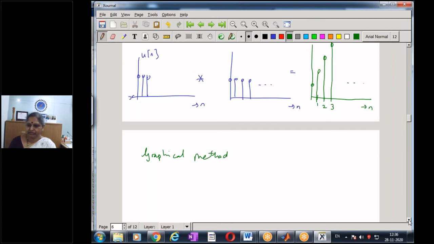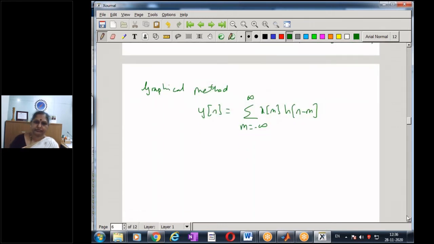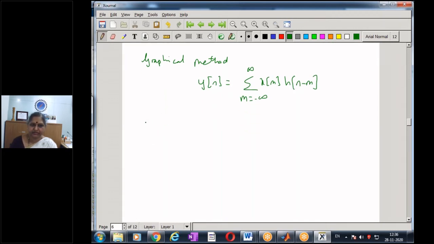We have the convolution sum given by the sum over m from minus infinity to infinity of x of m h of n minus m. Now, for performing the convolution by using the graphical method, as a first step, we sketch x of m and h of m.